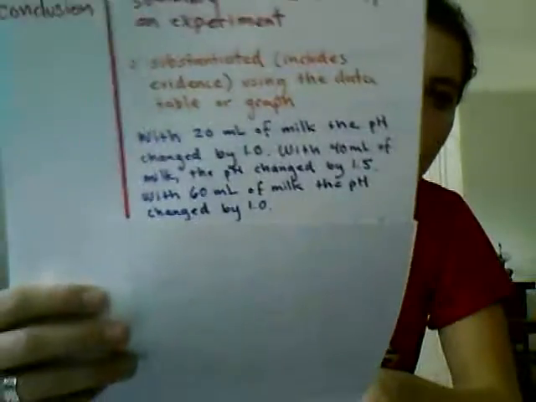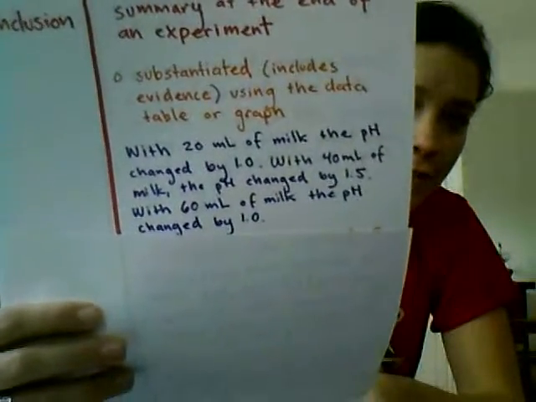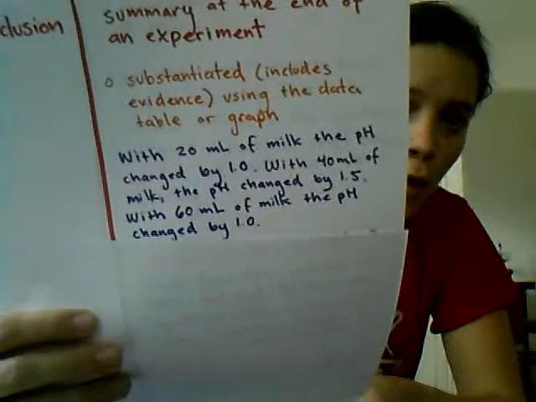I'm going to show you the sample conclusion. It's going to be a lot of writing today, but that way you get a great idea of what a perfect conclusion has. Remember, the first part needs to be substantiated, or have that evidence. With 20 milliliters of milk, the pH changed by 1.